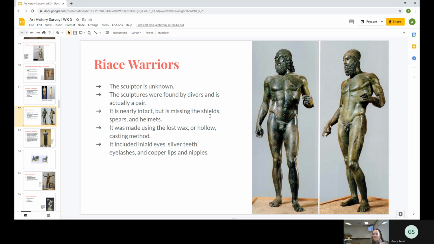They would have originally had shields, spears, and helmets, which is why their heads look kind of funky, because originally there were helmets on them. Now there's not. But the fun thing about them is they have silver eyes, teeth, and eyelashes. Their lips are made of copper and their nipples are copper too. Choices were made. Cool. Like I said, there's a group of them.